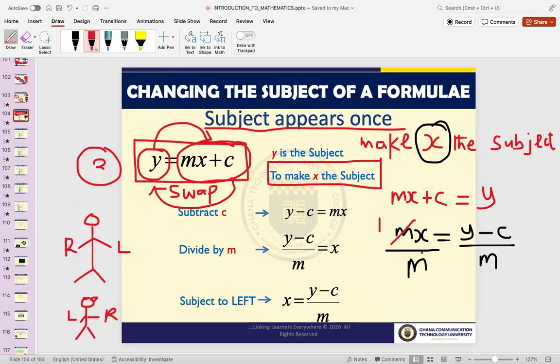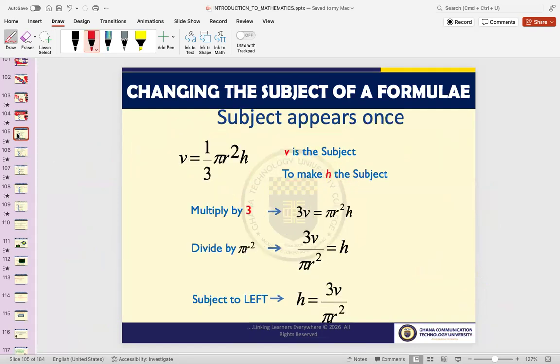M will cancel itself, and the x we are looking for can now stand alone as x equals y minus c divided by m. And this becomes our change of subject: anytime we want x to stand alone, you have to subtract c from y and divide it by m. And that is the second example.